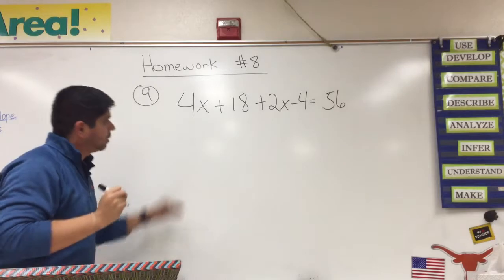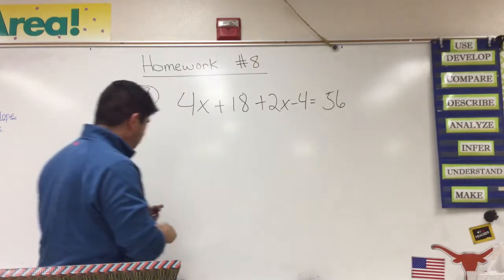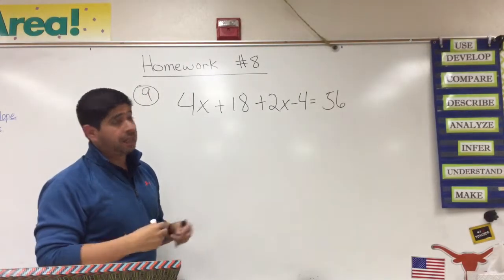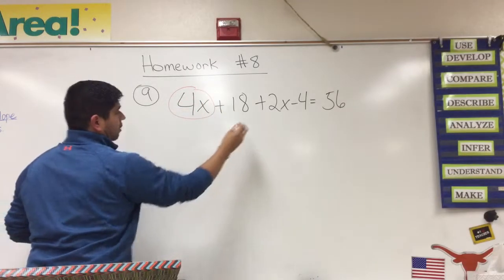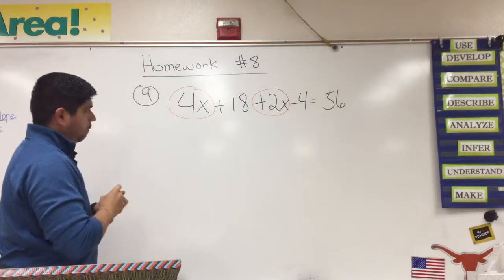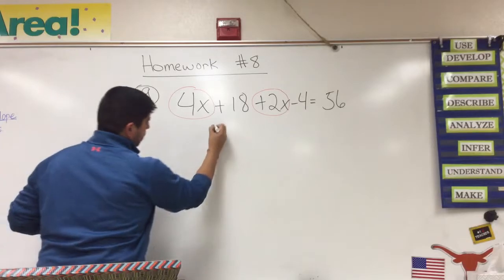Okay, so here on this side of my equation, I'm going to have to combine some like terms. I'm going to combine everything that has a variable with it, so the x's. So here's 4x, and then plus 2x. I just add 4 and 2, so I'm going to get 6x.